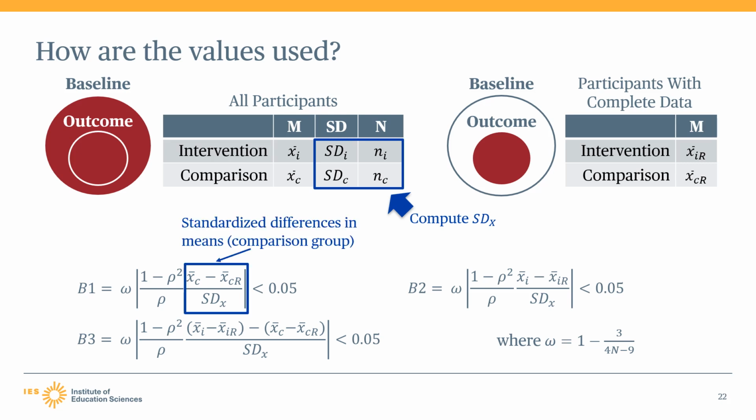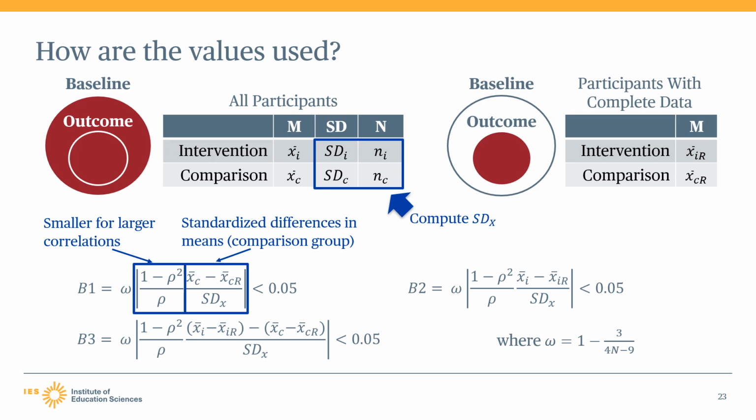Then the WWC calculates a difference in means using the full sample comparison group mean and the comparison group mean for just the individuals with complete outcome data. Then, the difference in means is scaled using the correlation between the baseline and the outcome measures. The larger the correlation is, the smaller the scaling factor is, and the smaller the final difference in means will be.